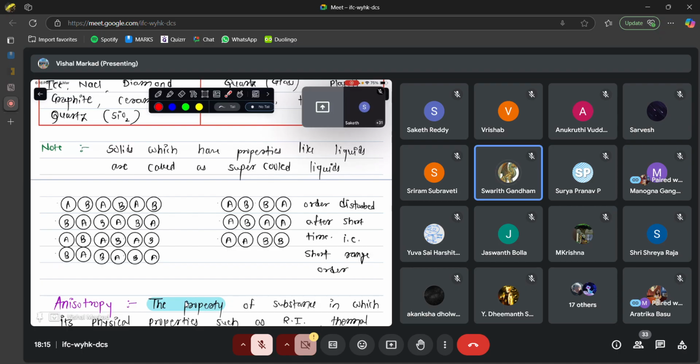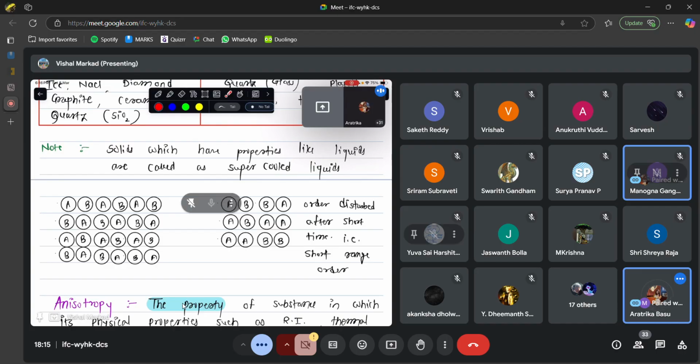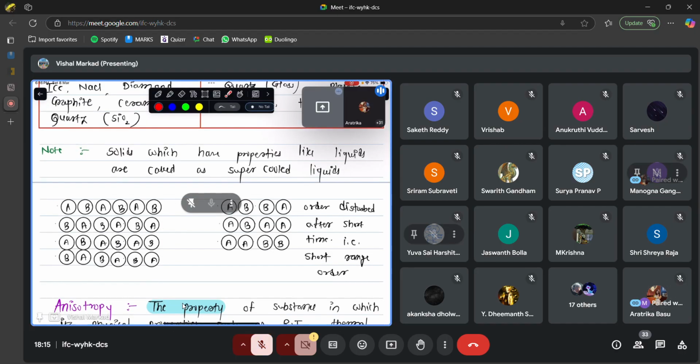Yes, sir. Okay. So till now, how many differences have we studied? Sir, can you explain the fifth point again? See, look here. When we talk about the crystalline, A, B, A, B, A, B, proper arrangement is there for a long time. Means again, after this one also we will have A, B like that. So in crystalline, that arrangement is followed for the longer time.